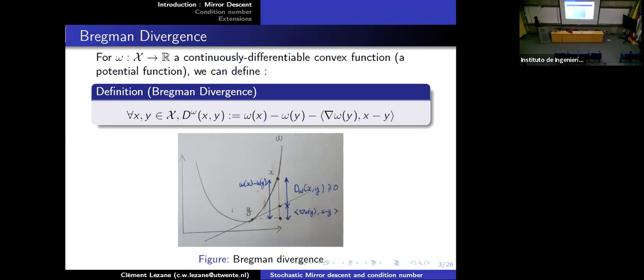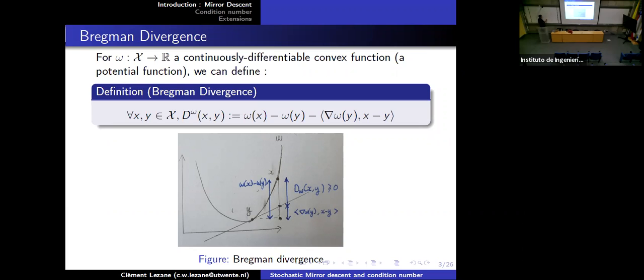So the Bregman divergence is the value between two points x and y, such that you first measure the height difference here, right? Here you have omega x, and here you have omega y.